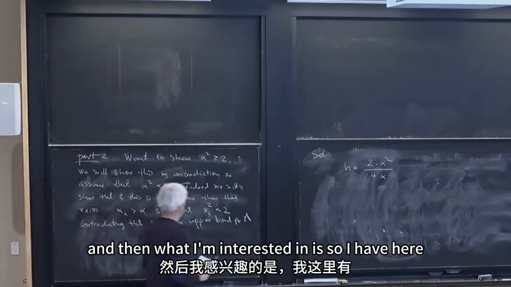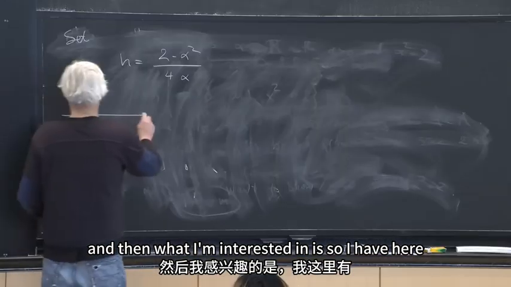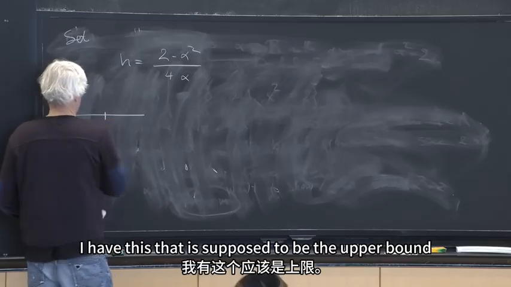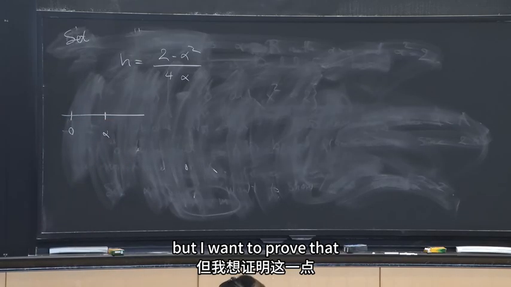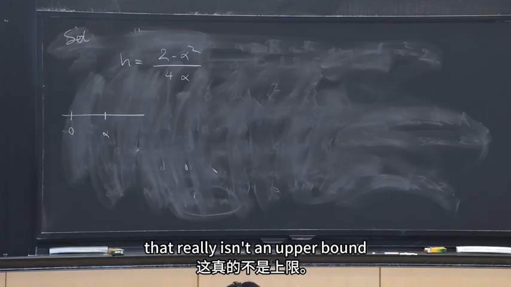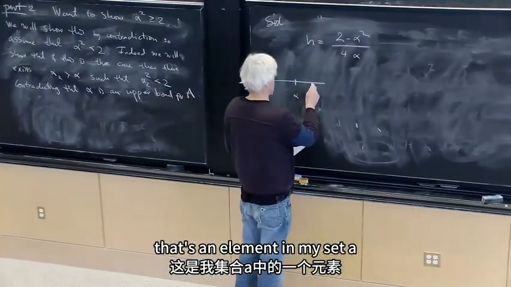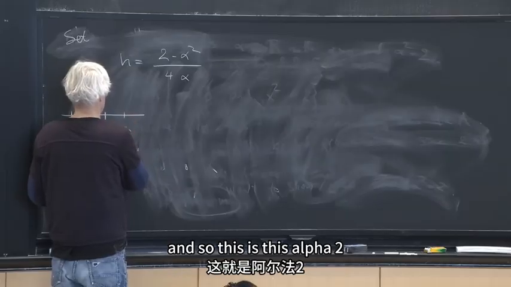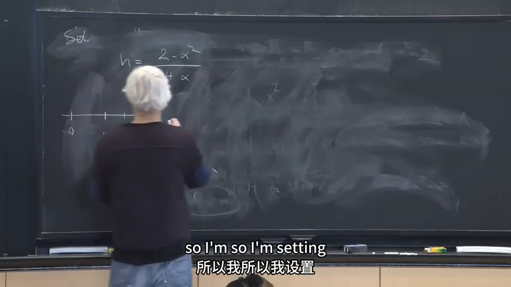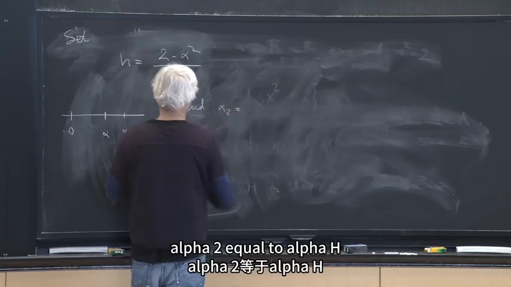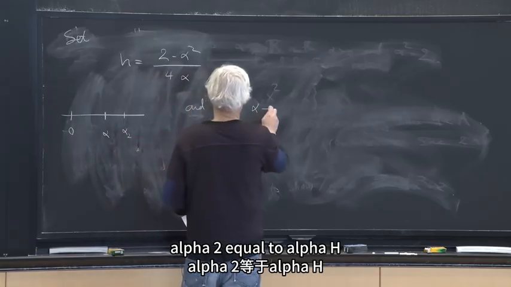And then what I'm interested in is, I have here 0, and I have this that is supposed to be the upper bound. But I want to prove that it really isn't an upper bound. That's an element in my set A. And so this is this alpha 2. So I set alpha 2 equal to alpha plus H.